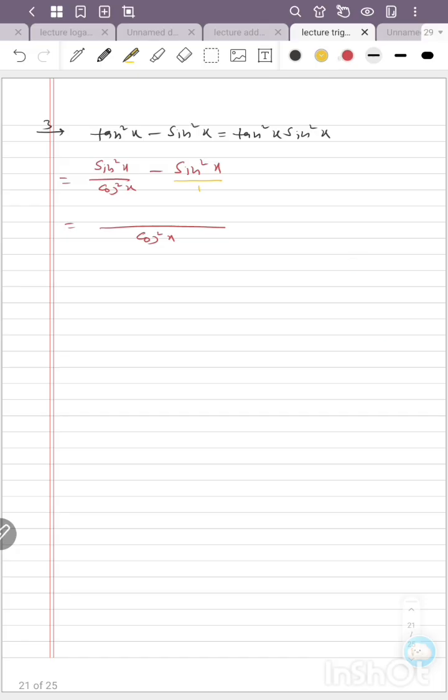We get the answer sine square x minus sine square x into cos square x. Now what we require at the right hand side is only tan square and sine square, so we write it in terms of sine square. If we take the common sine square x, we get 1 minus cos square x.